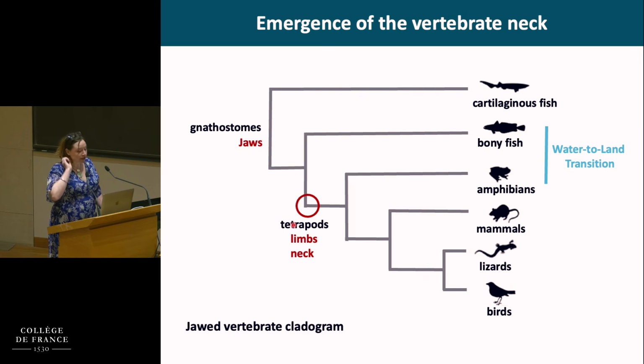You can see here a simplified cladogram of jawed vertebrates, gnathostomes, composed of cartilaginous fish, bony fish, amphibians, mammals, lizards, and birds. During vertebrate evolution, the water-to-land transition has been characterized by the emergence of morphological innovations, including the limbs and the neck.